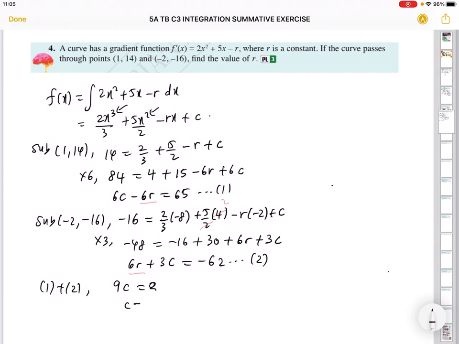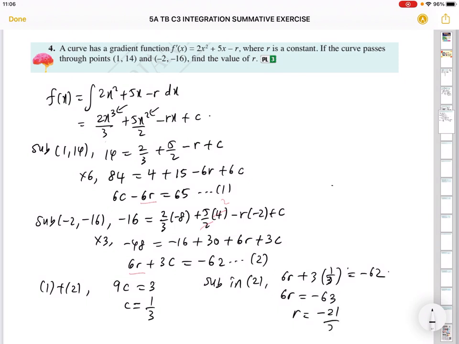Okay, it's a bit ugly, so c is just 1 over 3. When you sub into any equation, maybe equation number 2, 6r plus 3 of 1 over 3 is negative 62. 6r is negative 63, since 1 over 3 times 3 is 1. So r is negative 63 over 6, negative 21 over 2.